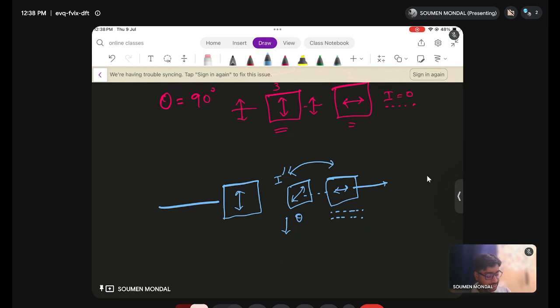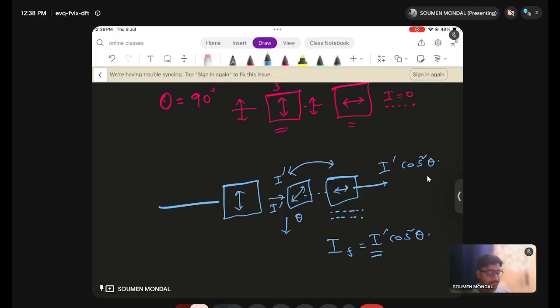So when the intensity comes out of it, I final is going to be I prime cos square theta. So if I prime is entering here, using Malus's law, I prime cos square theta will come out.